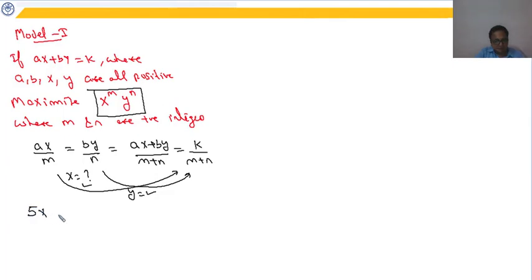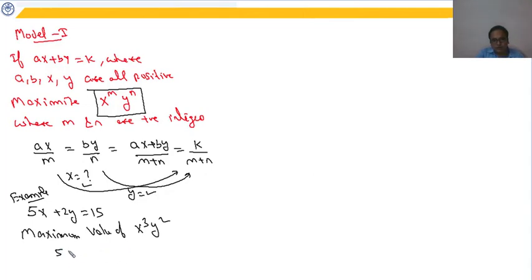It says 5x plus 2y is given as 15. I am taking an example to explain this model. 5x plus 2y is given as 15, and we have to find the maximum value of x cube y square.